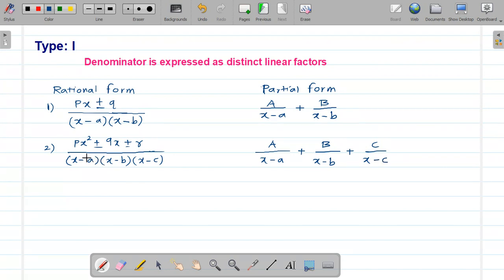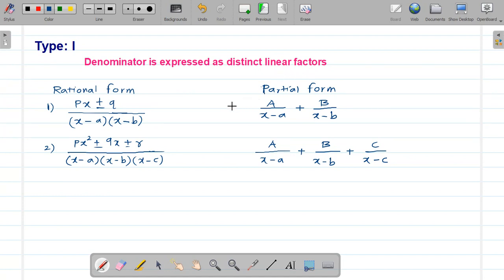Means we have to express this given proper rational form in the partial form like this. So if you have three linear factors, then consider three constants, capital A, capital B, and capital C. So this is the conversion of rational form to partial form whenever the denominator is expressed as distinct linear factors.